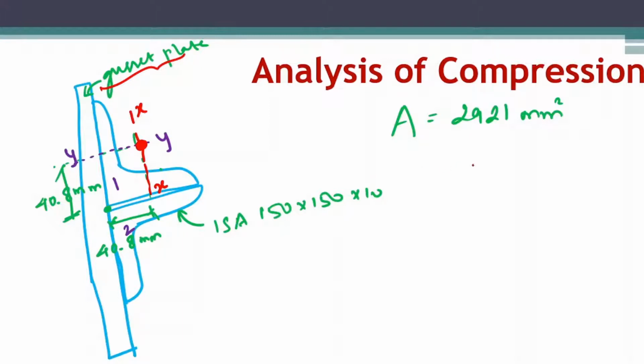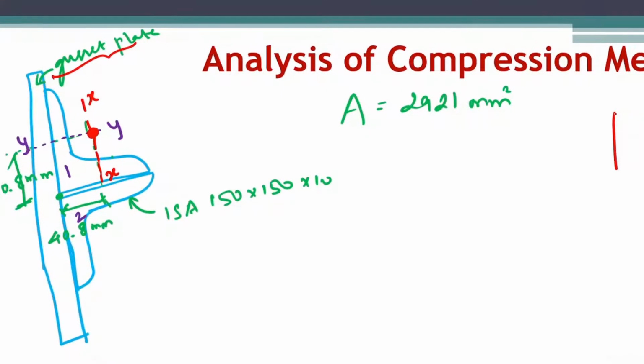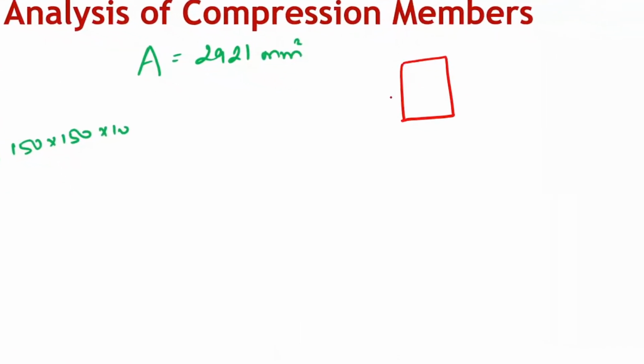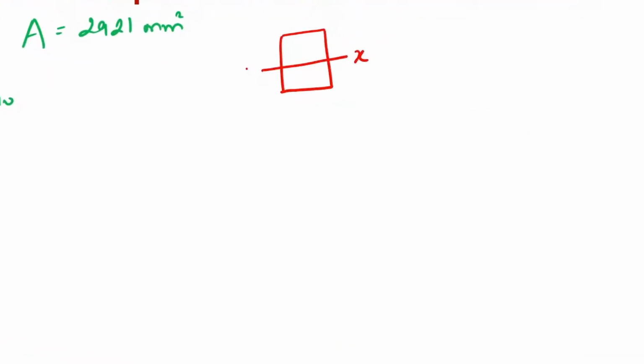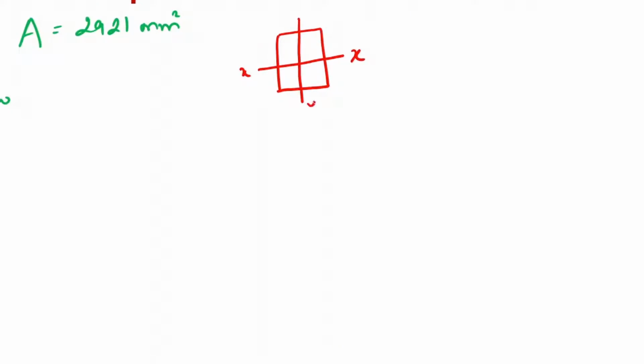It won't be the same. Suppose, for example, I have a square, and its axis lies here, xx and yy. Since it is a square, the axis lies at the mid distance of both sides. Now if I connect another square of the same size to this, what happens to the moment of inertia in the x and y directions?